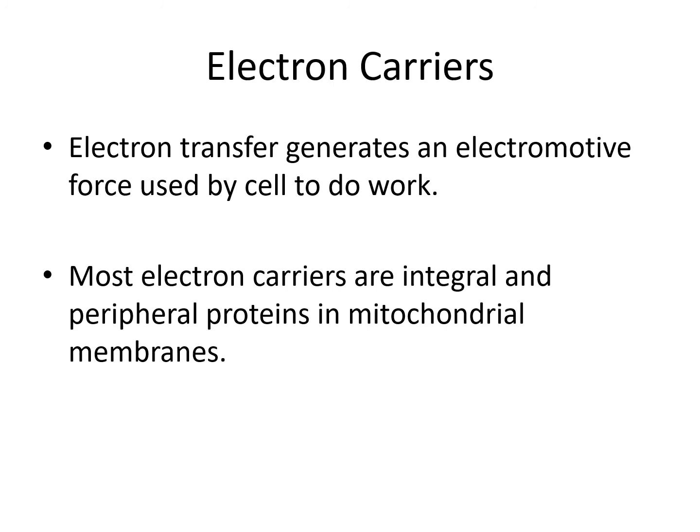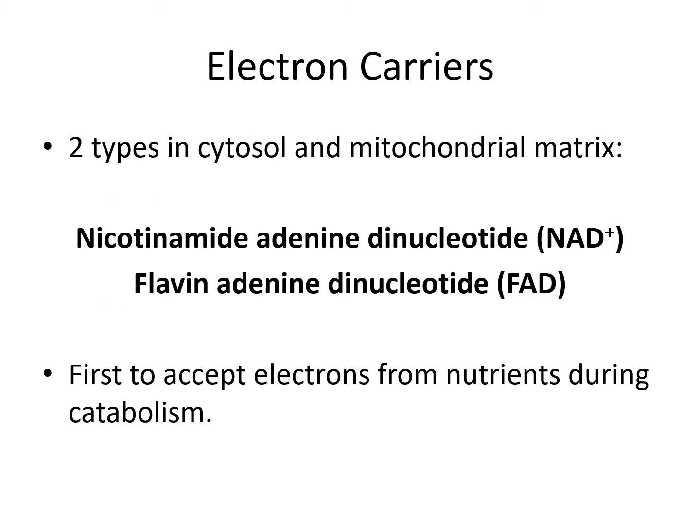So most electron carriers are integral and peripheral proteins in the mitochondrial membranes. Now, there are two major types of electron carriers in the cytosol and the mitochondrial matrix, and they have kind of long names, but we often refer to them by their abbreviations. We have nicotinamide adenine dinucleotide, or NAD, and flavin adenine dinucleotide, or FAD.